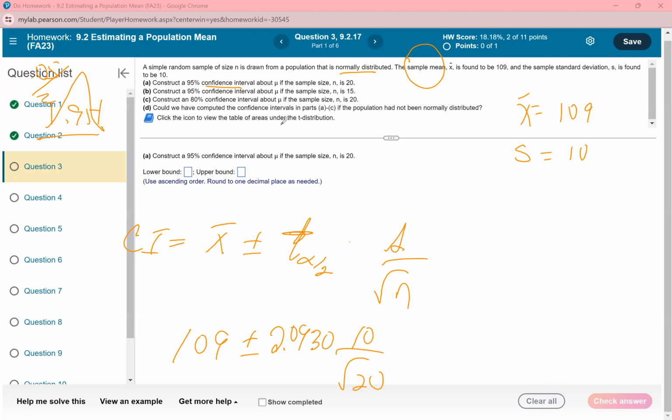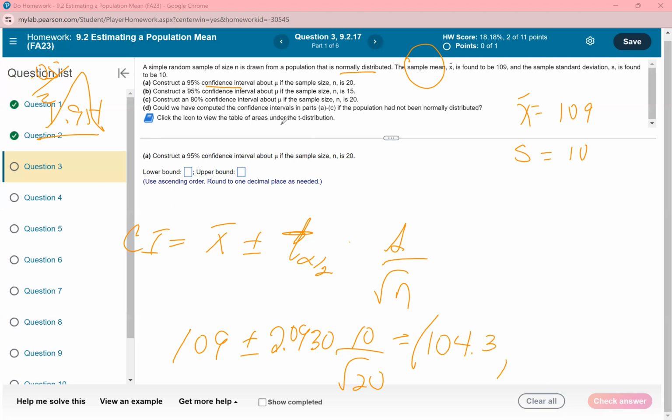Okay, my inverse t is then 2.0930. Standard deviation was 10, the sample size was 20. So type the minus first, so 109 minus 2.0930 times 10 divided by the square root of 20. They are going to one decimal place, so 104.3.